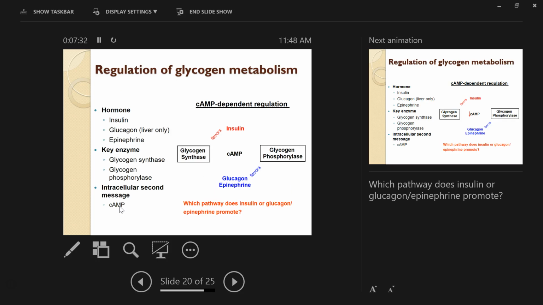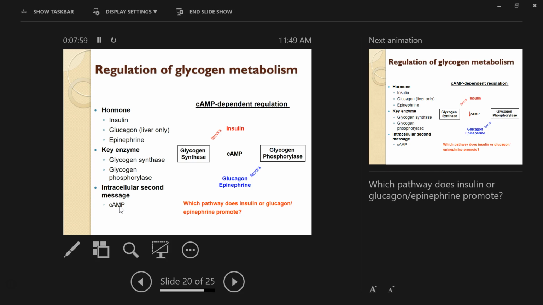And the phosphorylation, I told you that cyclic AMP is a very important intracellular, so-called secondary signal. So cyclic AMP level is increased during fasting or by norepinephrine stimulation.